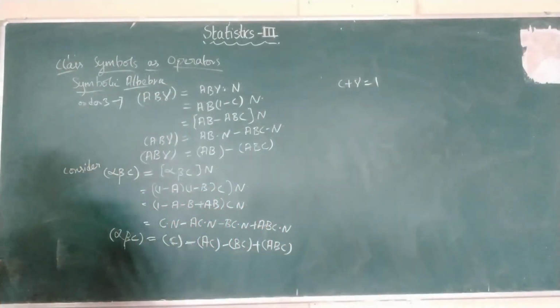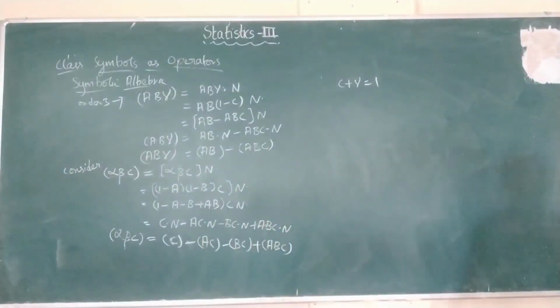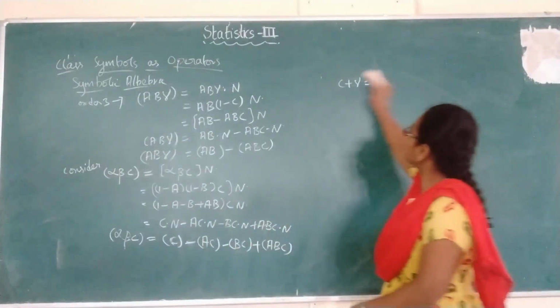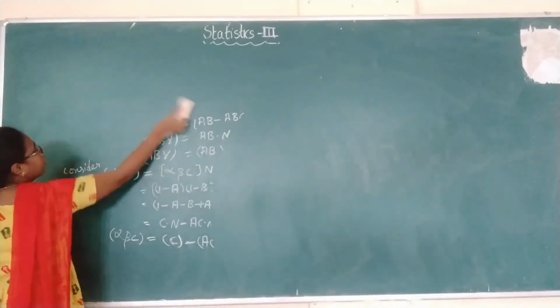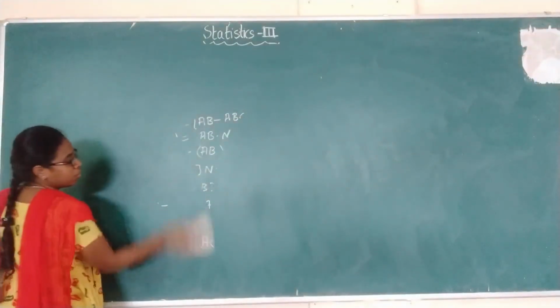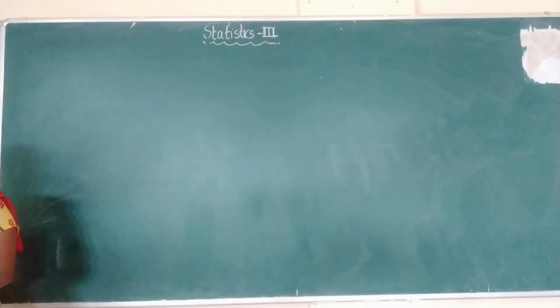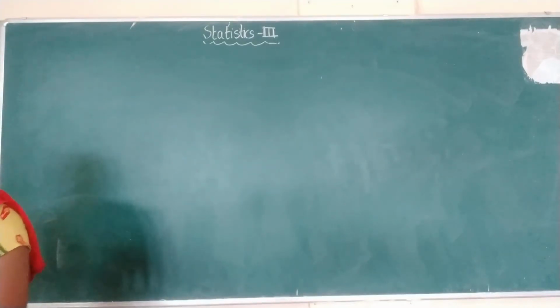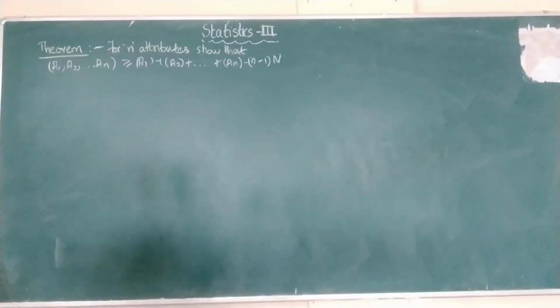Now we'll see a small theorem related to attributes. It's a very easy theorem. We will be using mathematical induction in this. So coming to the theorem, read the statement.